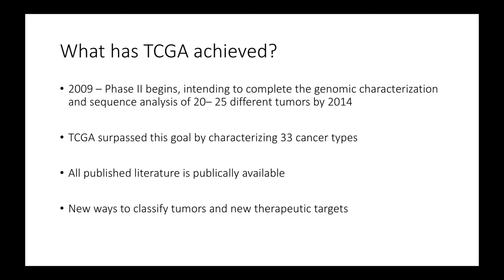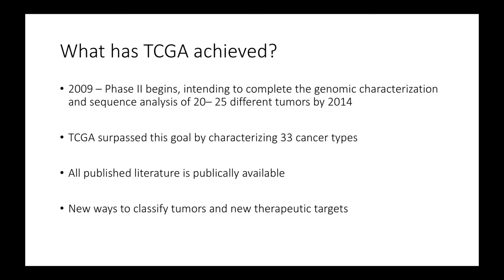Since it began, the Genome Atlas has achieved a lot. In 2009, Phase 2 began, which intended to complete the characterization and sequence analysis of 20 to 25 tumors by 2014. It has since then surpassed this goal, characterizing 33 cancer types and 10 rare cancer types.